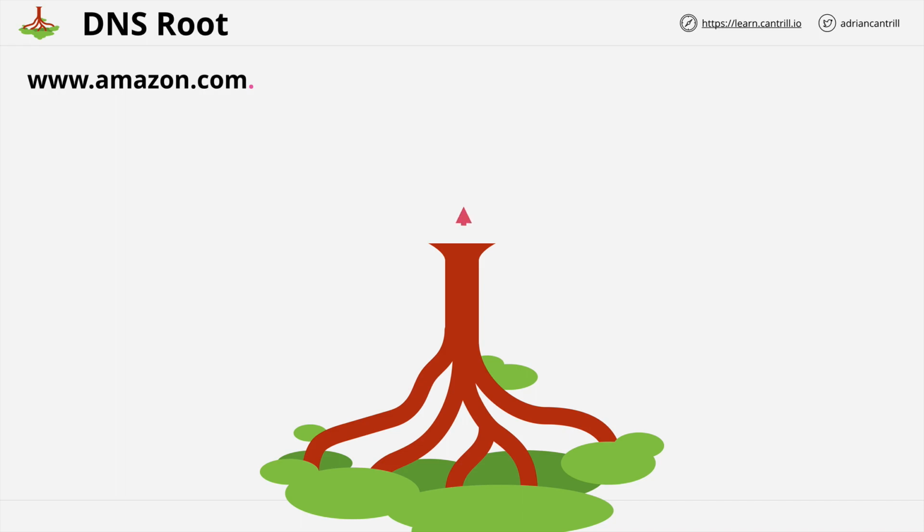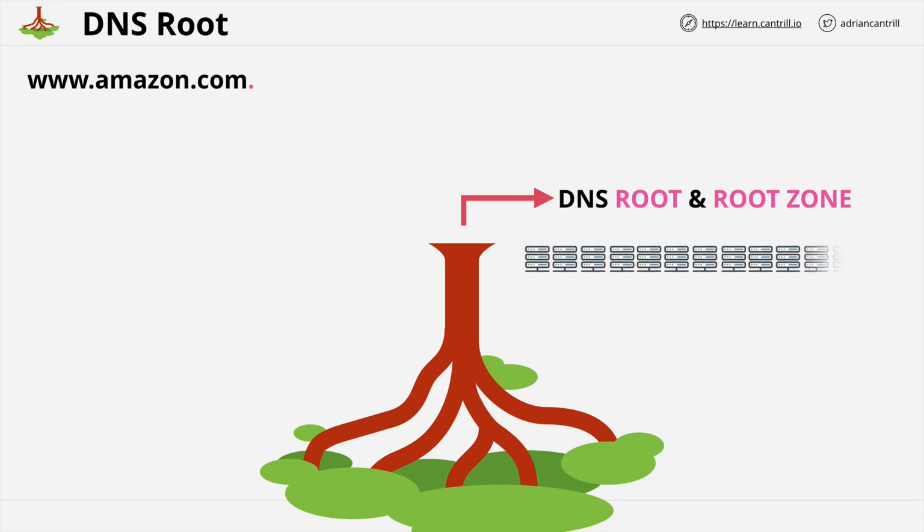The DNS root, also known as the DNS root zone, occupies this topmost point of DNS, and like any other part of DNS, it's just a database. The DNS root is hosted on 13 special name servers known as the root servers. The root servers are operated by 12 different large global companies or organizations.